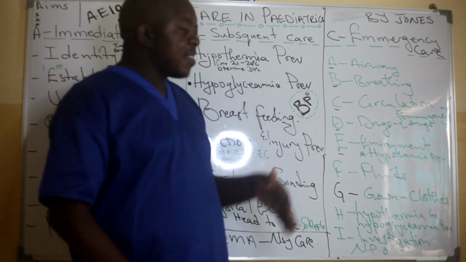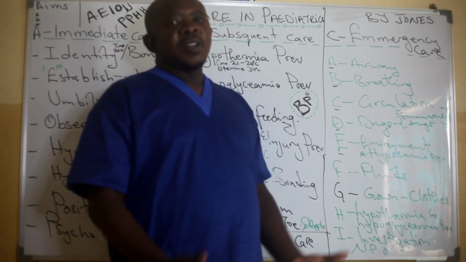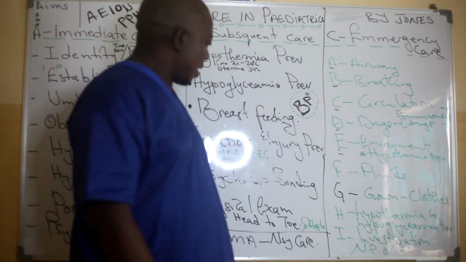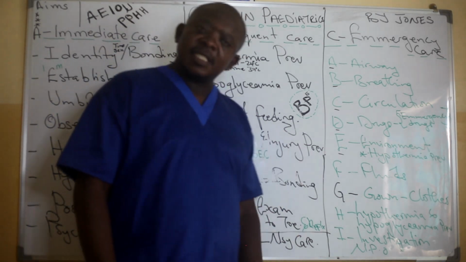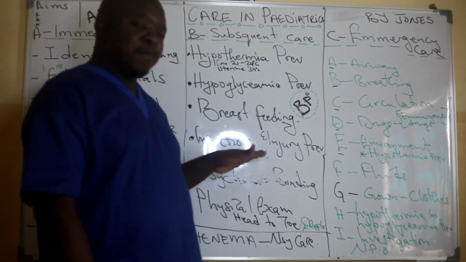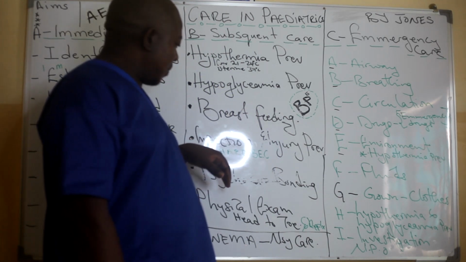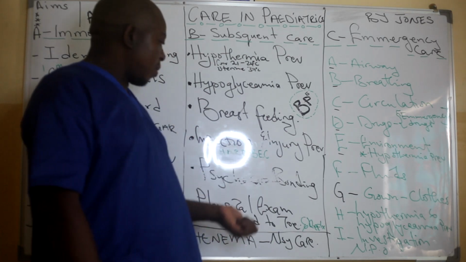Then hypoglycemia prevention. Here, we are saying you have to ensure that you breastfeed the baby and give the appropriate medication. Infection prevention and injury prevention, this one is very important. Under this, we are looking at hand hygiene, attendants not having respiratory diseases or diseases that can be transmitted to the baby.